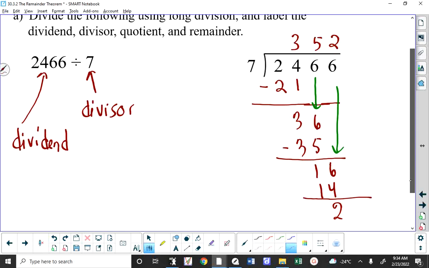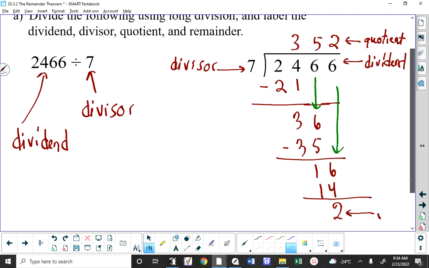Now we need to label some things here. This is terminology that you need to know. This is called the quotient. As I said before, this is the divisor. I don't really care too much about you knowing this, but the thing you're dividing into is called the dividend.